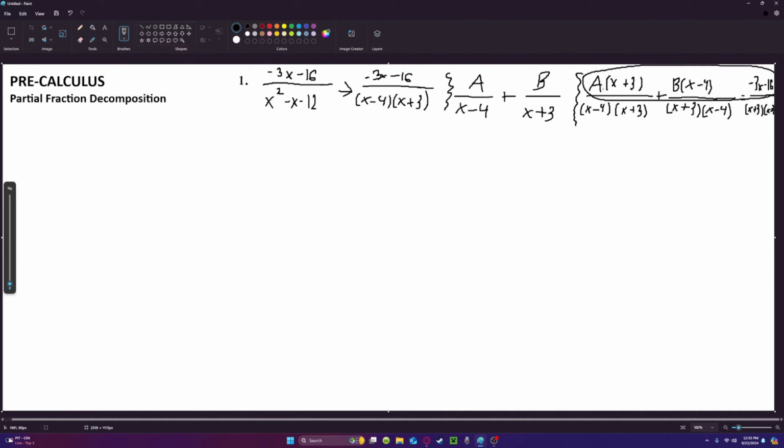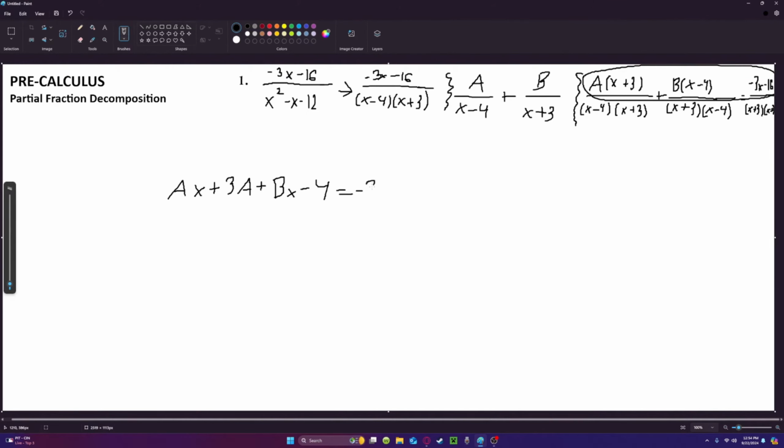So the best way to continue on is to multiply this out. So then it's going to look like this: Ax plus 3A plus Bx minus 4B equals negative 3x minus 16.